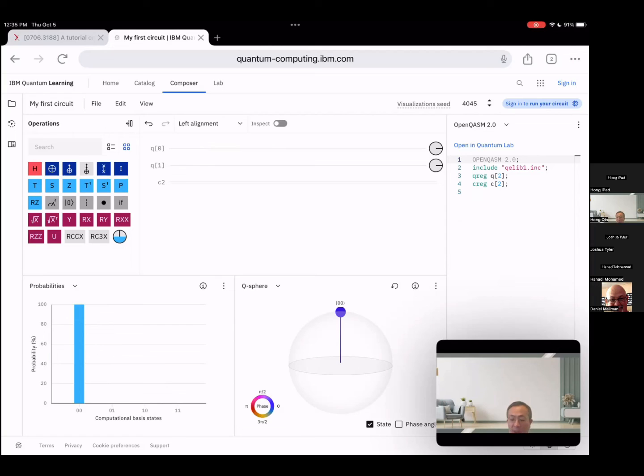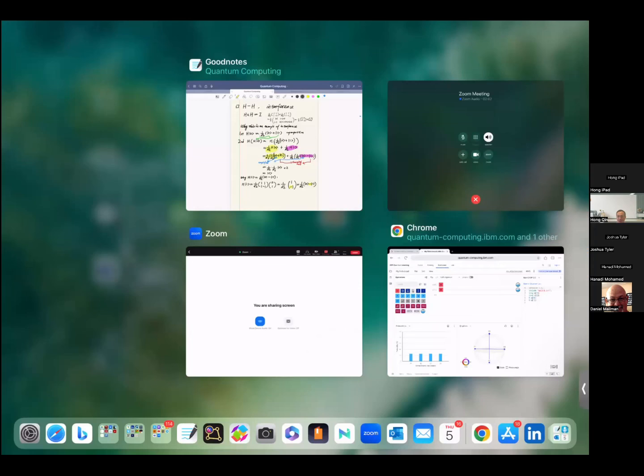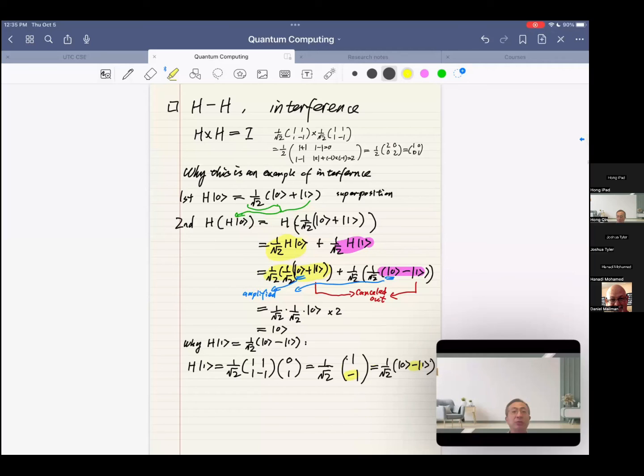If we apply that on 2 qubits, that's still superposition, and it's also not entangled. I forgot, but let's just explain this as a comparison with the consecutive one.